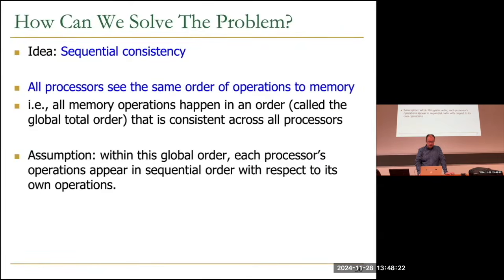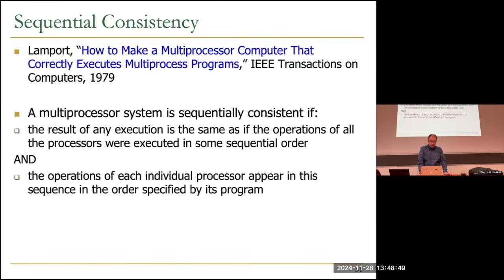And our assumption here is that within this global order, each processor's operations appear in sequential order with respect to its own operations, meaning that each processor obeys the von Neumann model, which is sequentially consistent. But also beyond that, all these processors observe the same order of operations in the memory. You can actually read this from the Lamport paper, and these are the two conditions that I already mentioned.